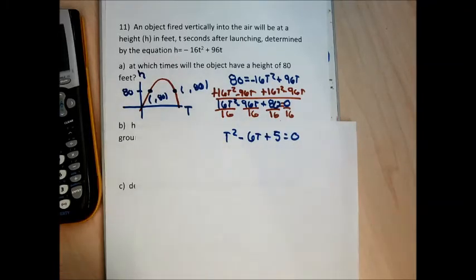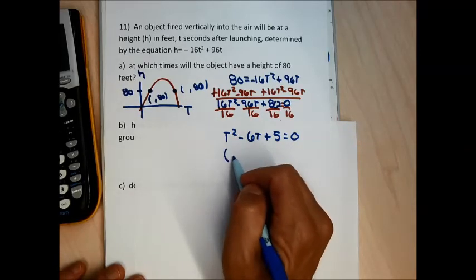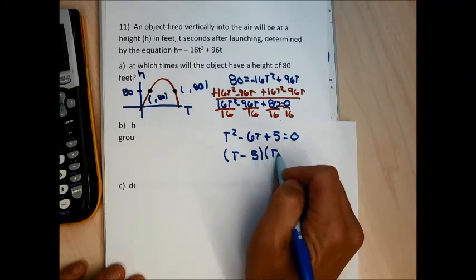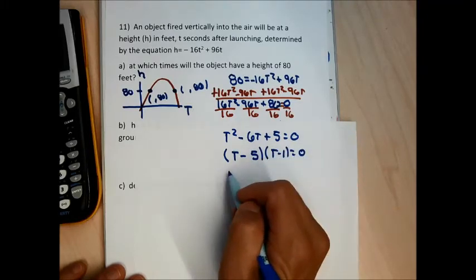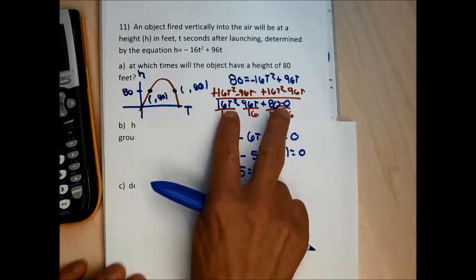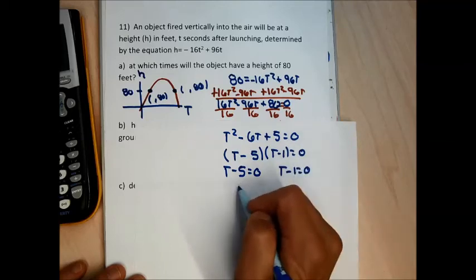If I divide by 16, I get numbers small enough that I can solve by factoring. So if I'm doing part A, I'm going to be clever. I'm going to divide out the numerical common factor, and I'm going to get my answers by factoring. You could have, from right there, used the quadratic formula and gotten exactly the same answers.